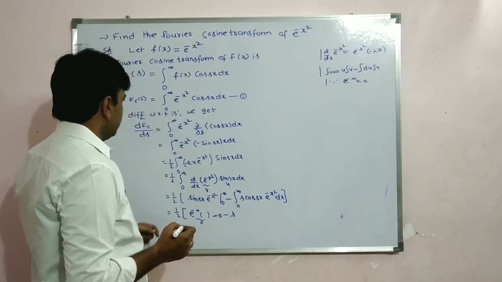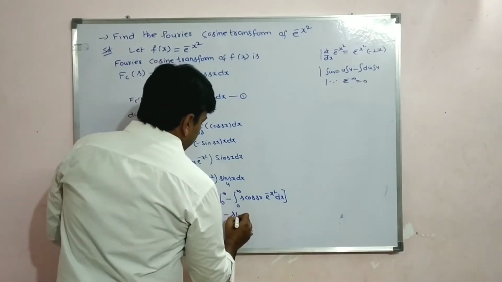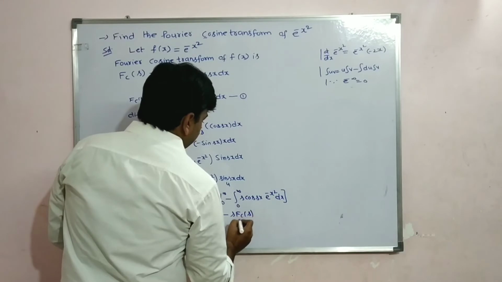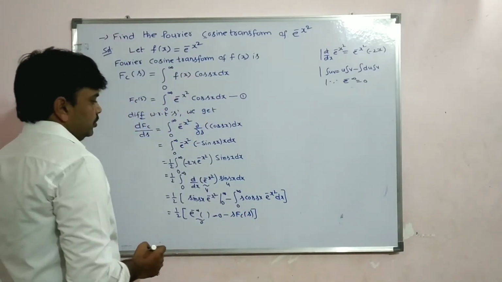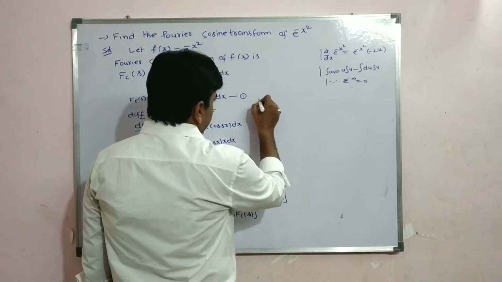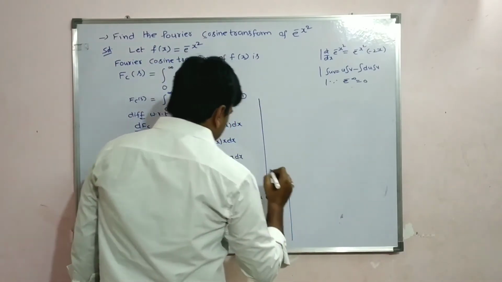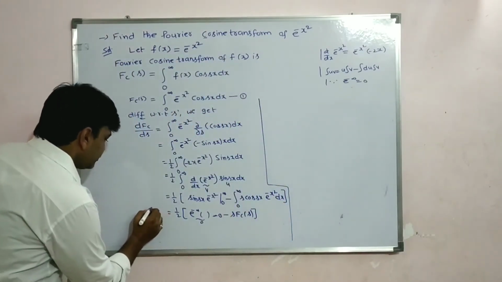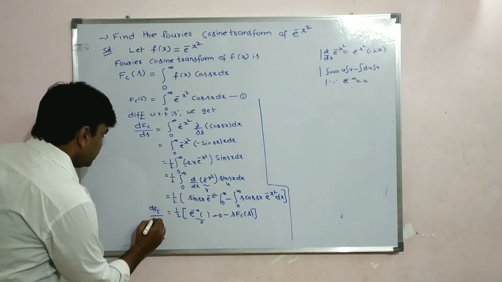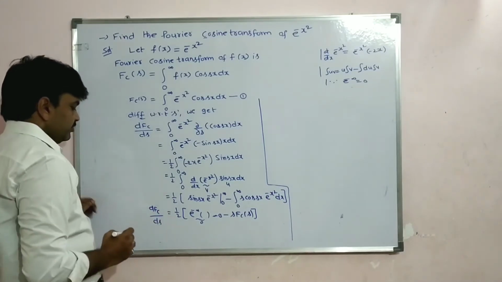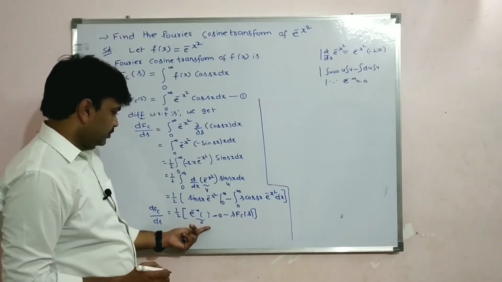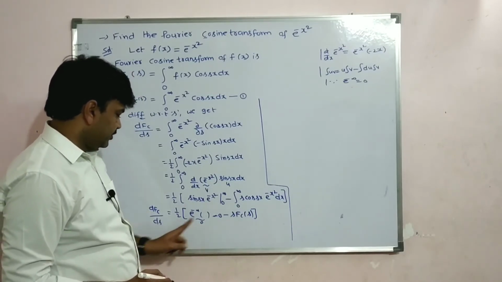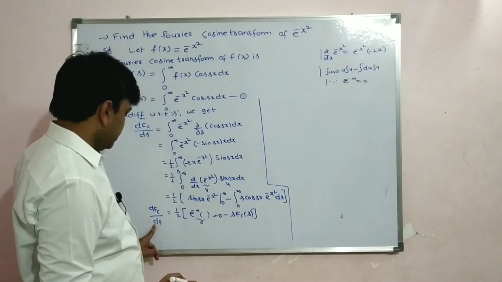So it is Fc of s. So this is dFc by ds. Now this value is 0. Okay, students, you cross multiply Fc of s here and ds.